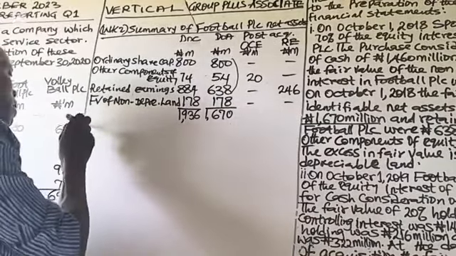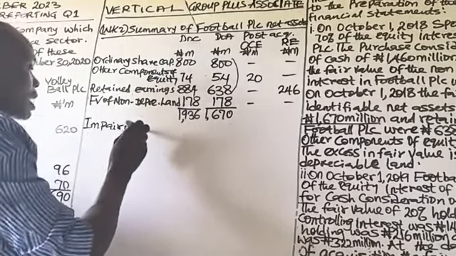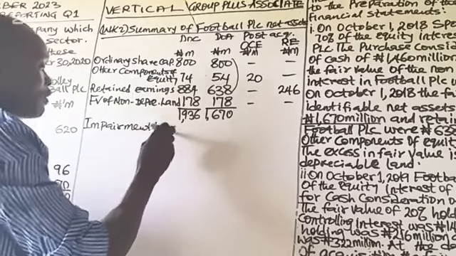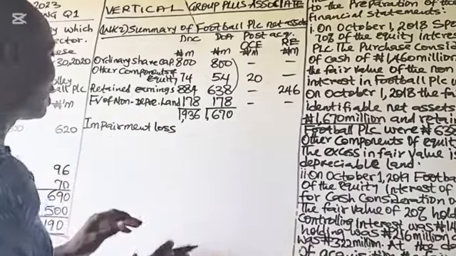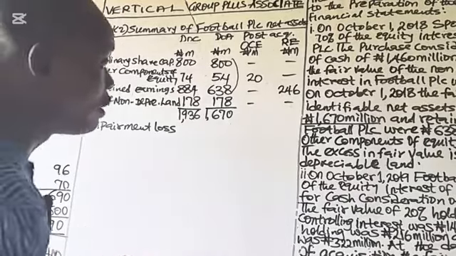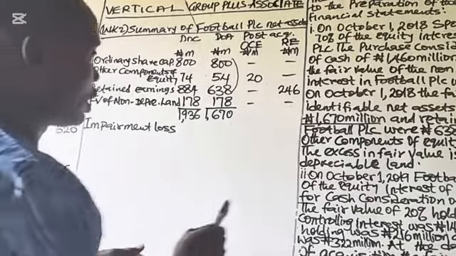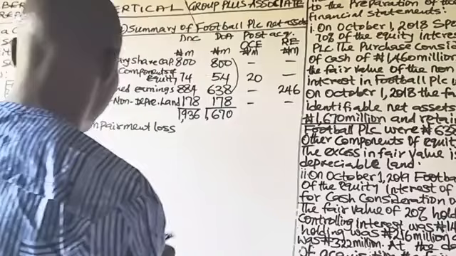So let's have impairment loss. Though the impairment loss has not been calculated, since we've not calculated the necessary things we need, and you were given the fair value of the cash generating units. It is the fair value of the cash generating units you were given, and not the impairment loss.